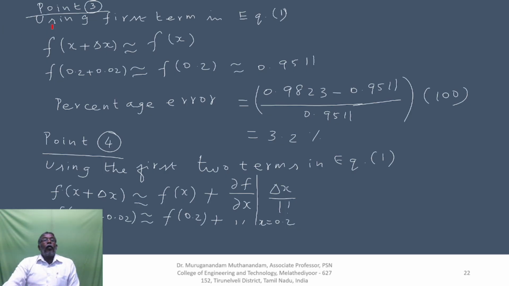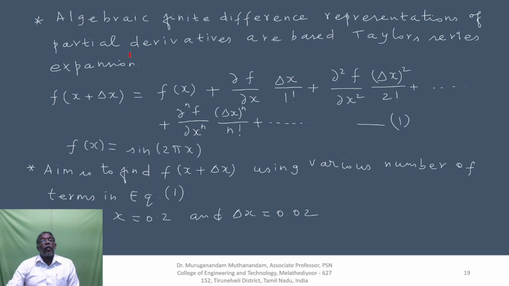Now I am going to use only the first term in the equation. What is the first term in this equation? F of x plus delta x is approximately equal to f of x. Why do we say approximately equal to f of x? Because we have omitted all other terms except the first term.